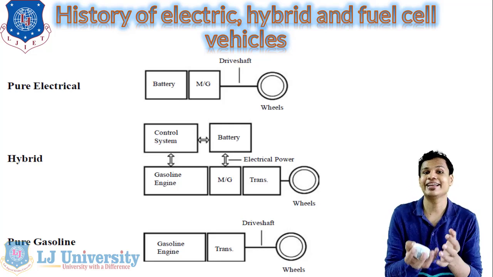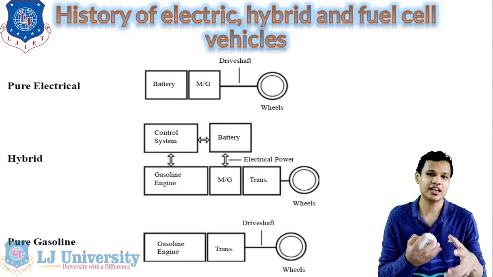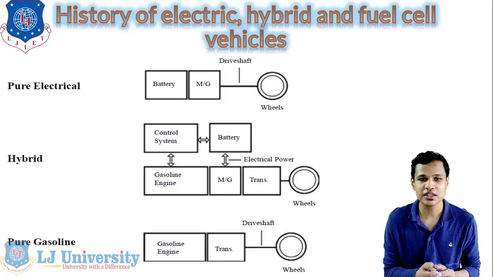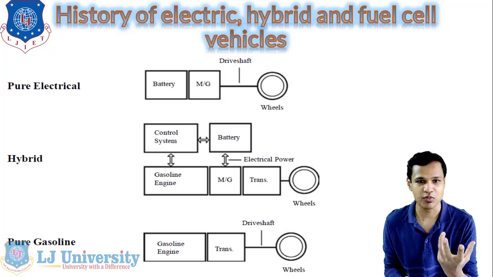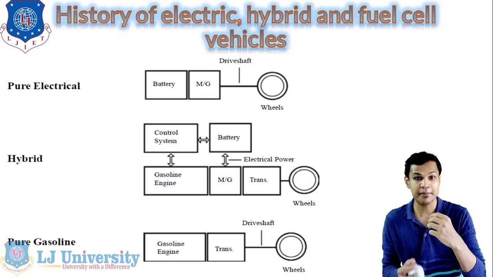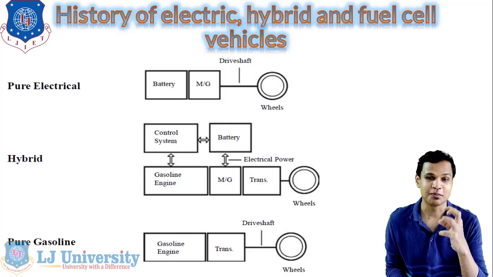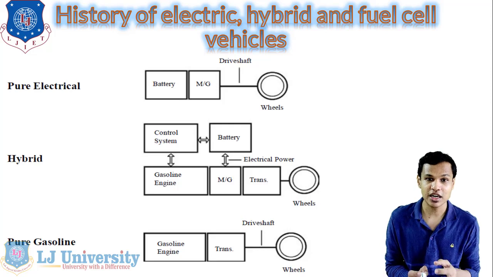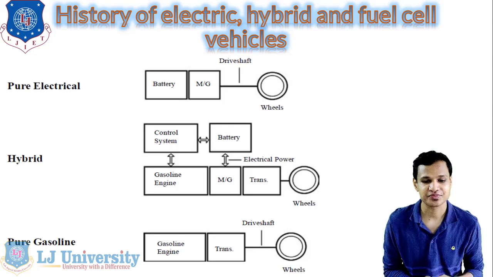If we can create a 100% electric vehicle, then the cost or the fuel consumption will be reduced, so we can save the non-renewable energy sources that are there in the atmosphere. Also the emissions will become zero from the vehicle. Again, the production of the electricity will generate some emissions, but from the vehicle the pollution will be zero.